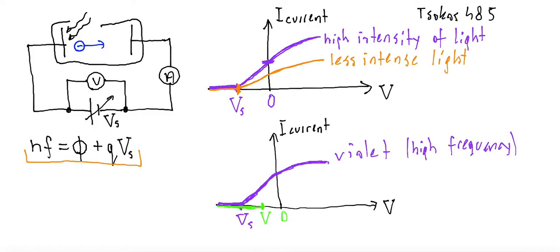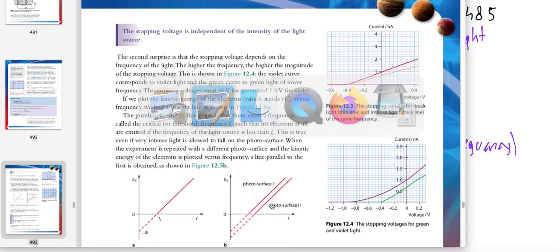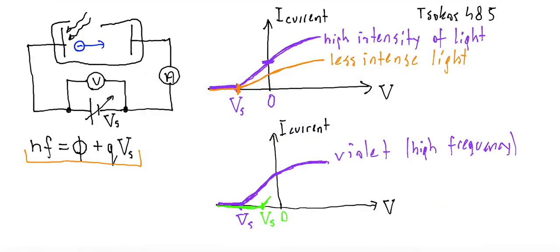This stopping voltage for green light is different than for violet light, because green light has less energy, has lower frequency.